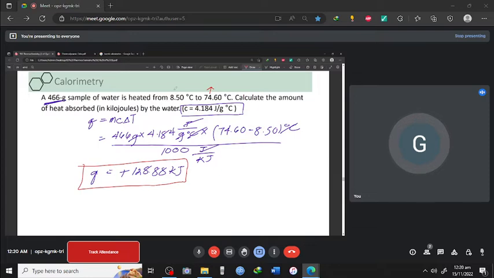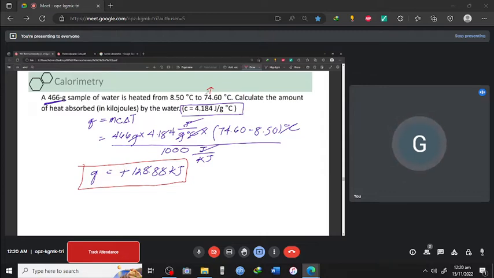From initial to final, tumaas yung temperature natin. So, meaning, nagkaroon ng absorption of heat. So, dahil nag-absorb ng heat yung system natin, automatically, dapat positive yung value natin for heat, no? So, very true yan sa na-discuss natin last time. So, dahil tumaas yung temperature, automatically, endothermic yung process, so positive dapat yung sagot nyo.